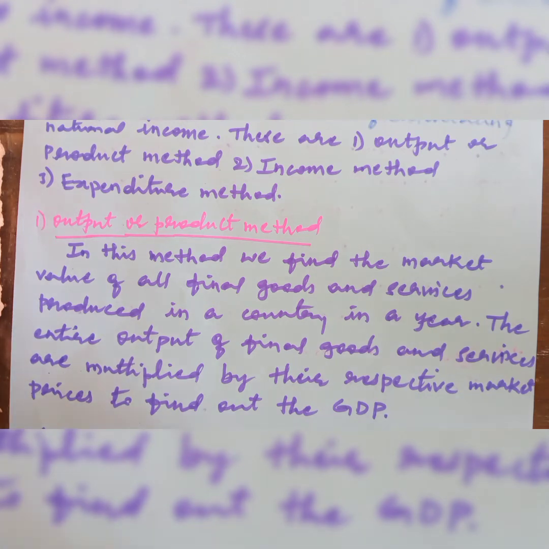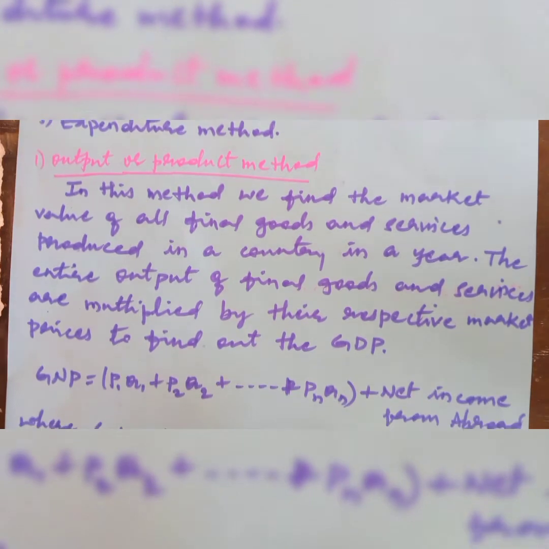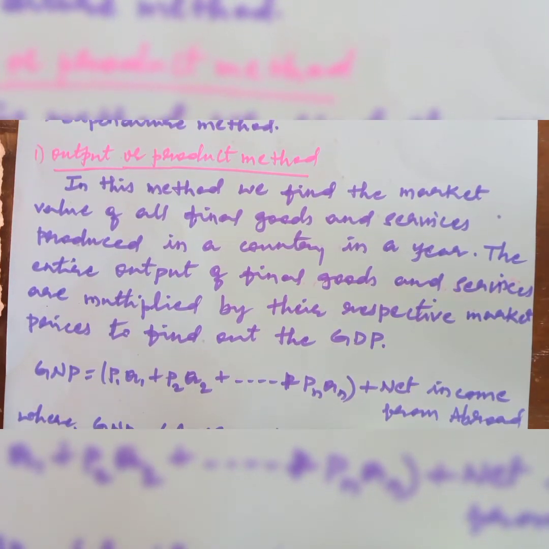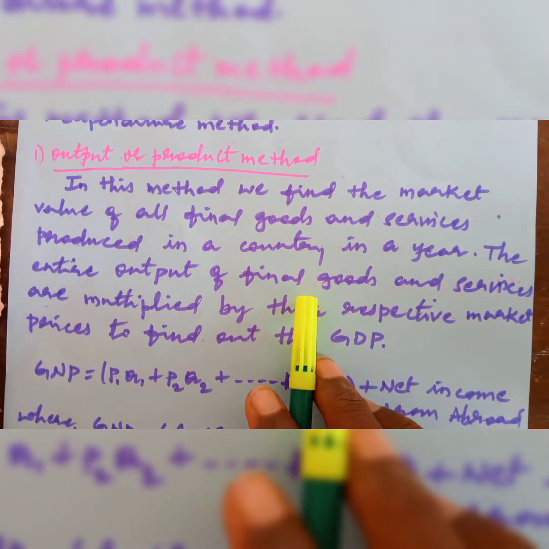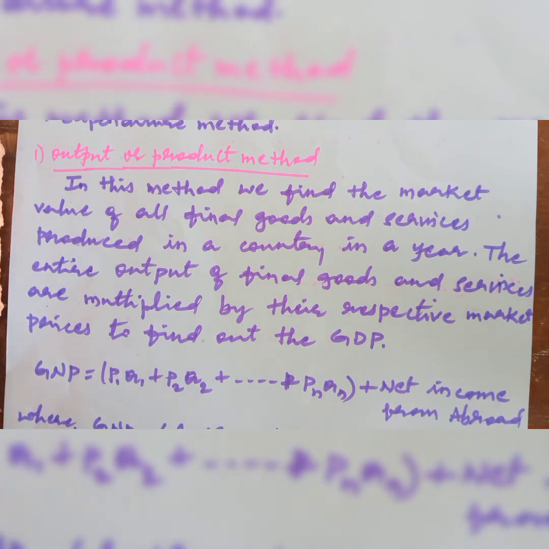Why we will multiply all the goods and services with the market prices? To find out the GDP. What is the meaning of GDP? Gross domestic product. Okay, have you understood, students?